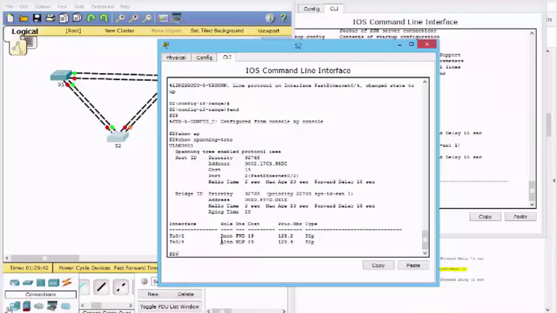It has one port that's a root port, and one port that's in a blocking state, and the cost for each port is 19.